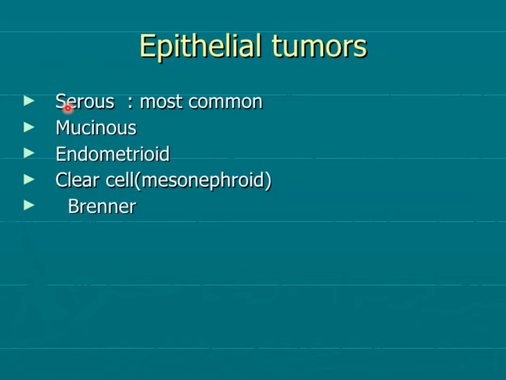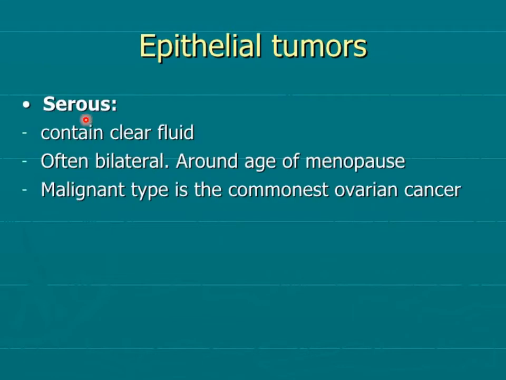The borderline tumors are named borderline serous tumors. And the third category is the malignant serous tumors, named serous cystadenocarcinomas. Similar categories exist for mucinous and endometrioid tumors, but we will discuss serous tumors.